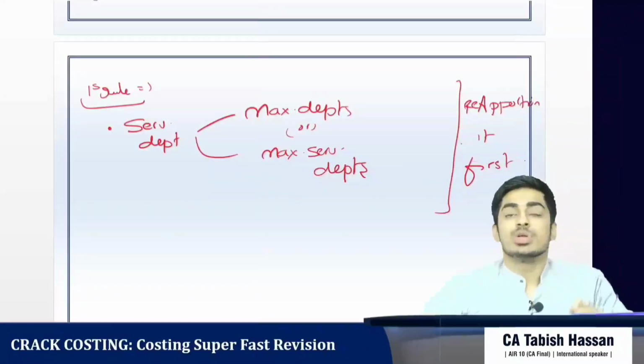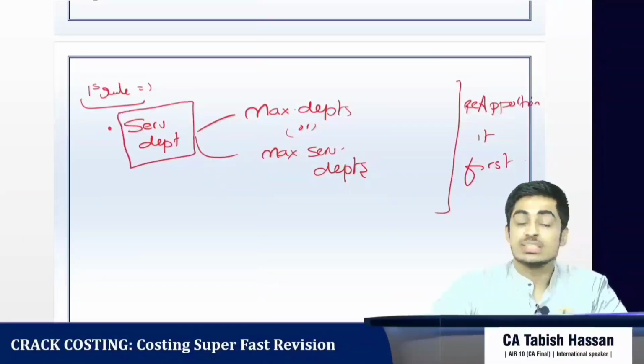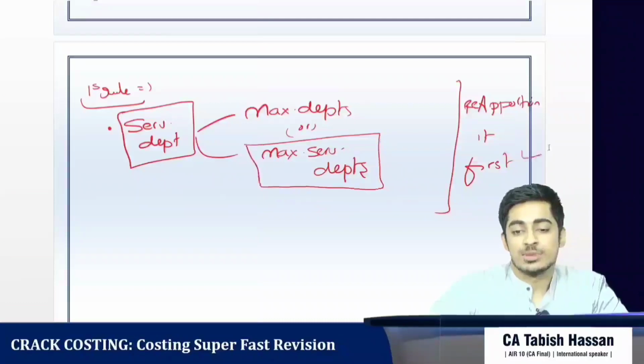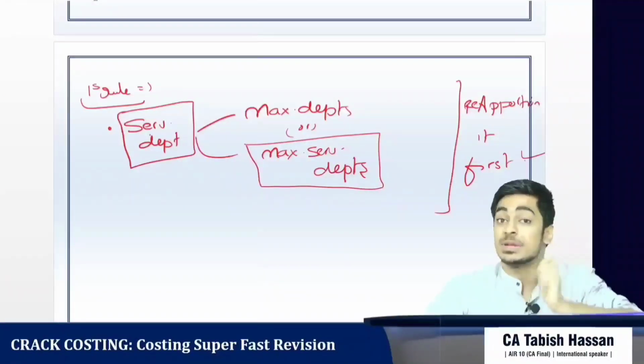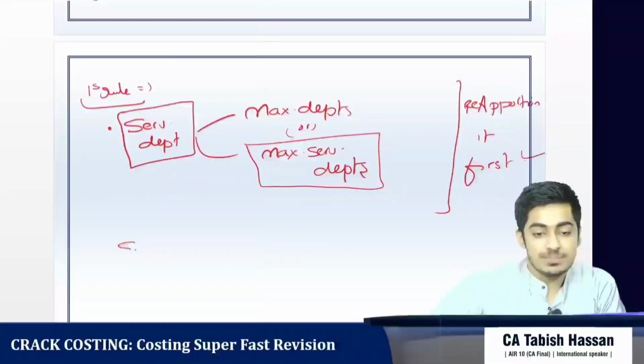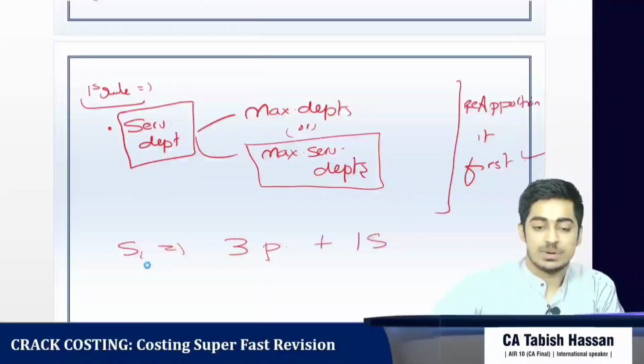Only one rule you have to remember: the service department which provides service to maximum service departments will have to reapportion it first. It's not maximum departments, it's maximum service departments. Say for example, we have S1 which provides service to 3 production departments plus 1 service department.